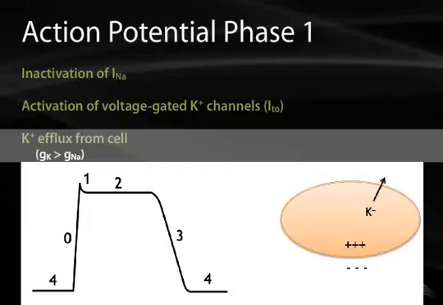This causes potassium to leave the cell. Potassium wants to leave the cell both because the internal part of the cell is positive and the external part of the cell has less potassium. This causes the external component of the cell to become more positive. This is why phase 1 is downsloping.